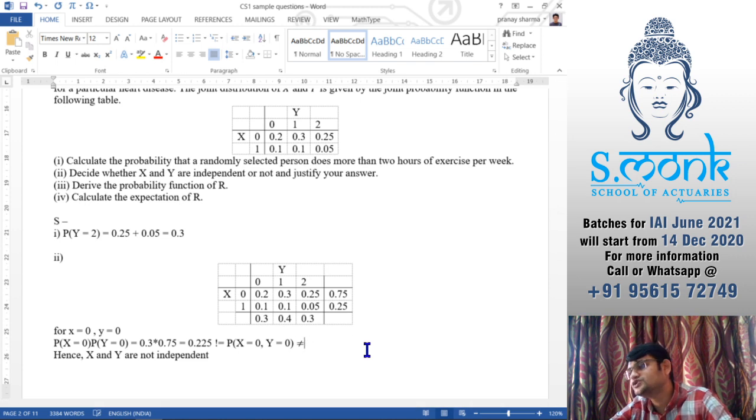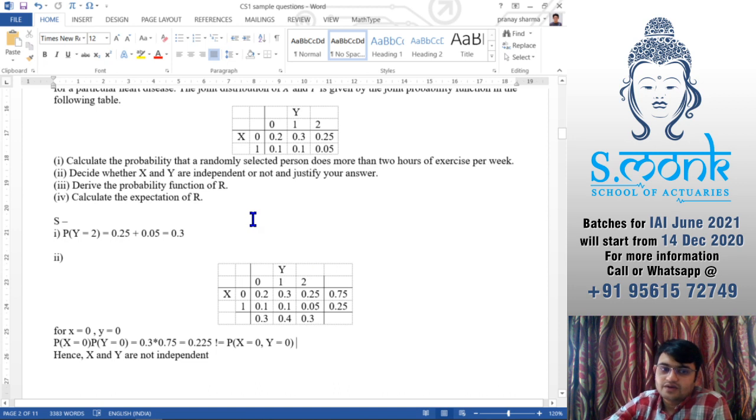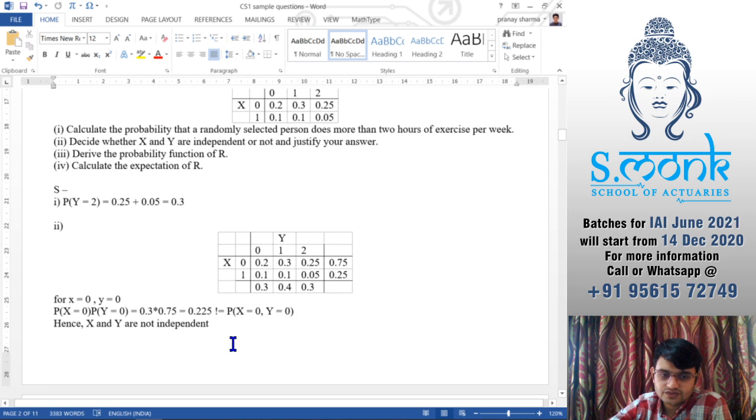So you can use basic symbols from the equation editor, especially not equal to is one of the symbols that you can use whenever required. Hence x and y are not independent.